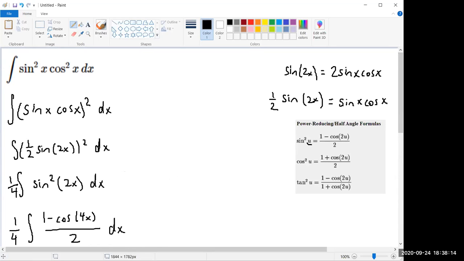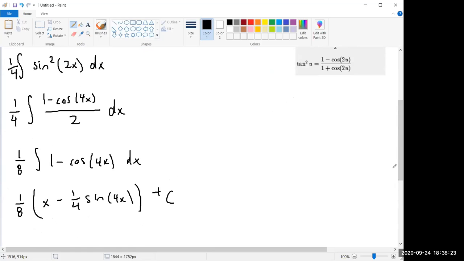This one required 2 trig identities, right? It required this one as well as the power reducing one. So you can see how the identities are pretty important. Is everyone okay with that?